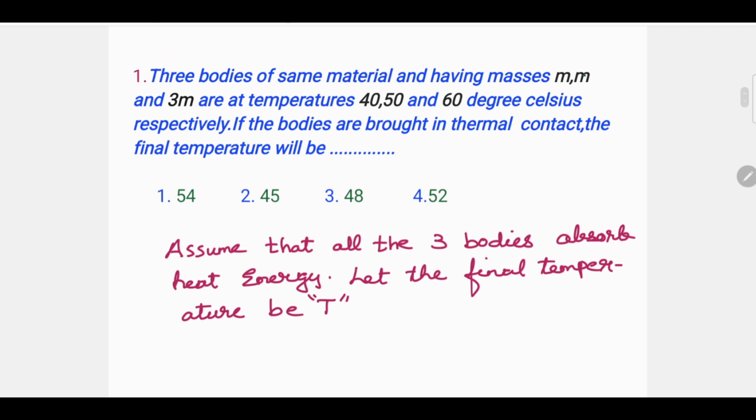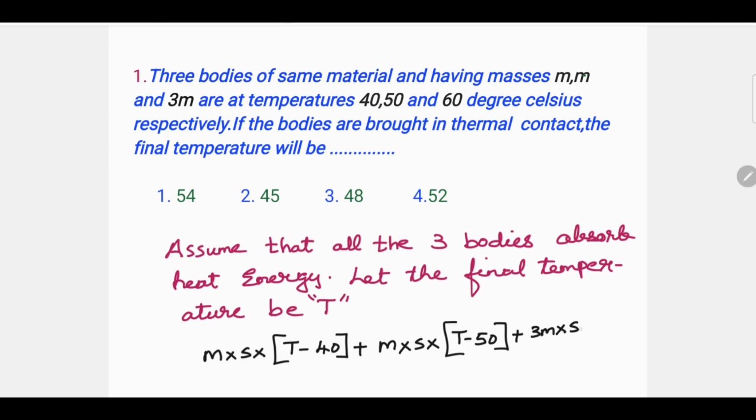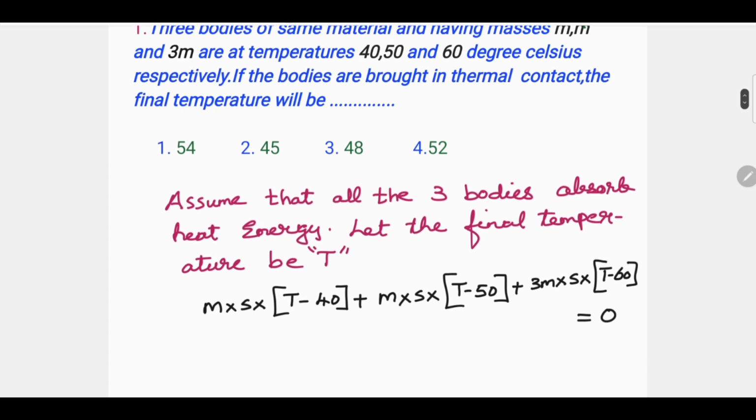The heat absorbed by the first body is represented by the relation m into S into final temperature minus initial temperature, so T minus 40, plus heat absorbed by second body, m into S into T minus 50, because each body has the final temperature capital T, plus the last one, 3m into S into T minus 60, equal to 0. So net change in energy is equal to 0.